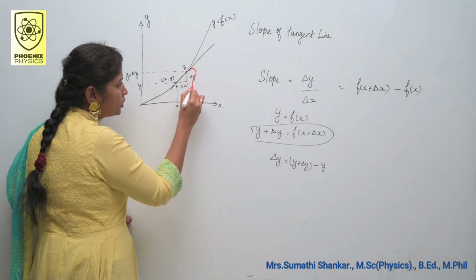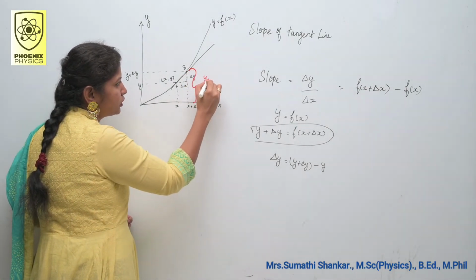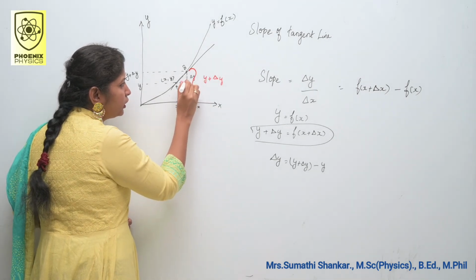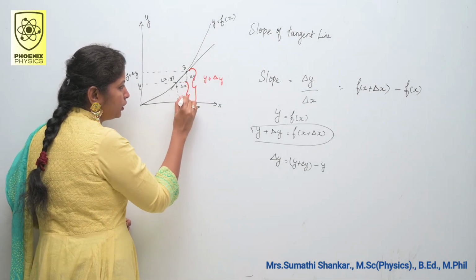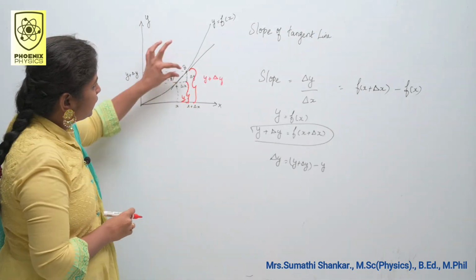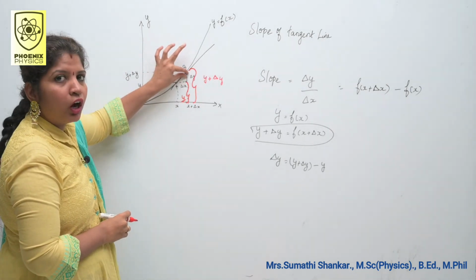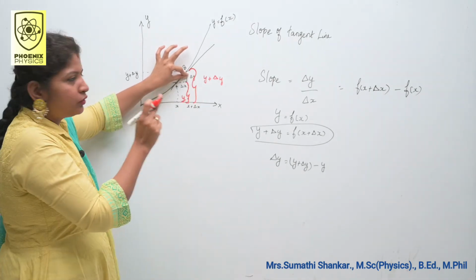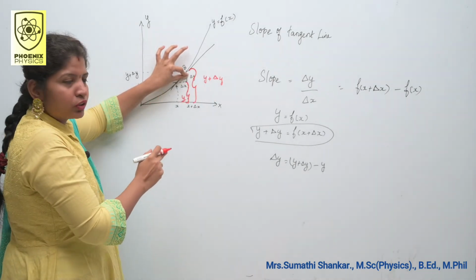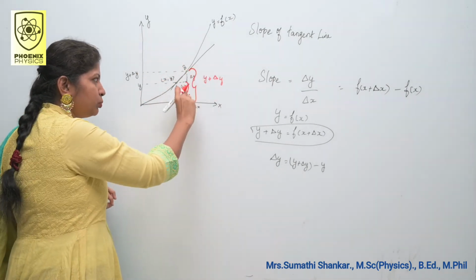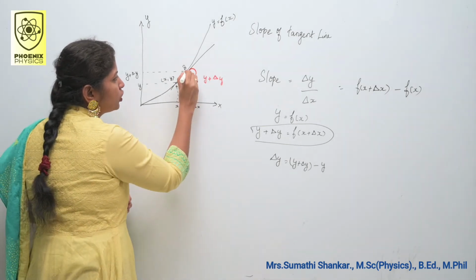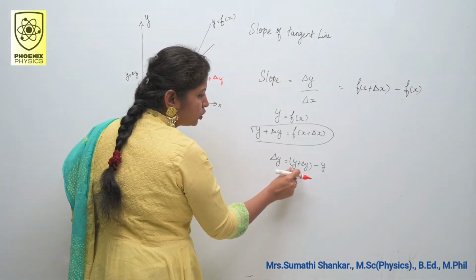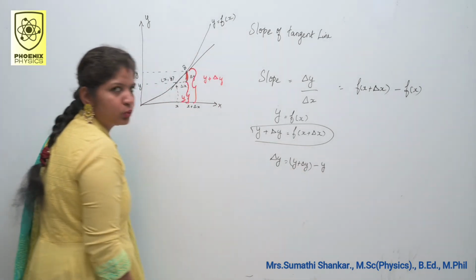The whole portion is y plus delta y. This small portion is y. I need this part alone. How do you find out this part? Just subtract y from y plus delta y. You subtract this portion from this portion, and you get this small one. I have written delta y is equal to y plus delta y minus y.